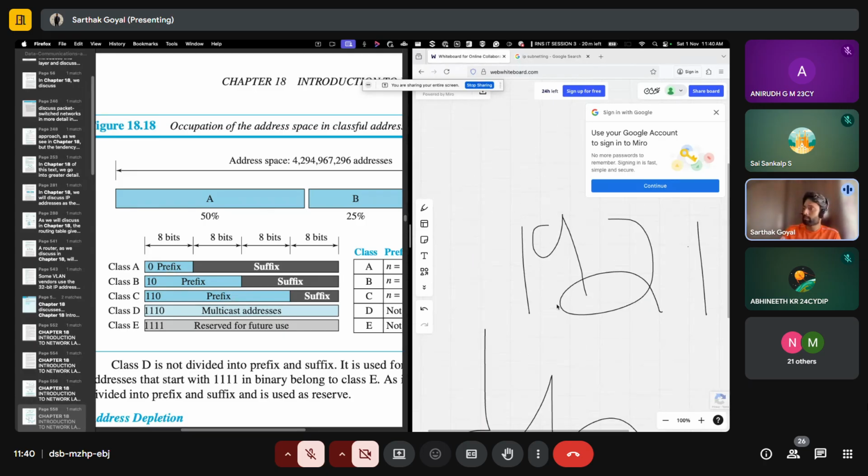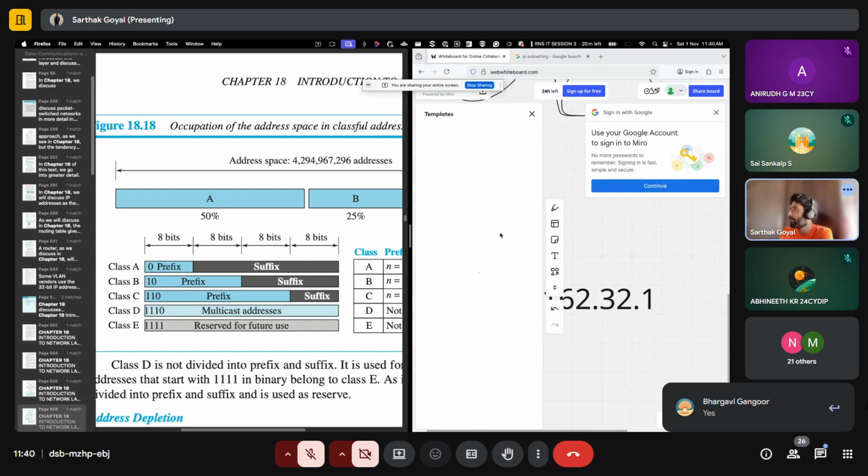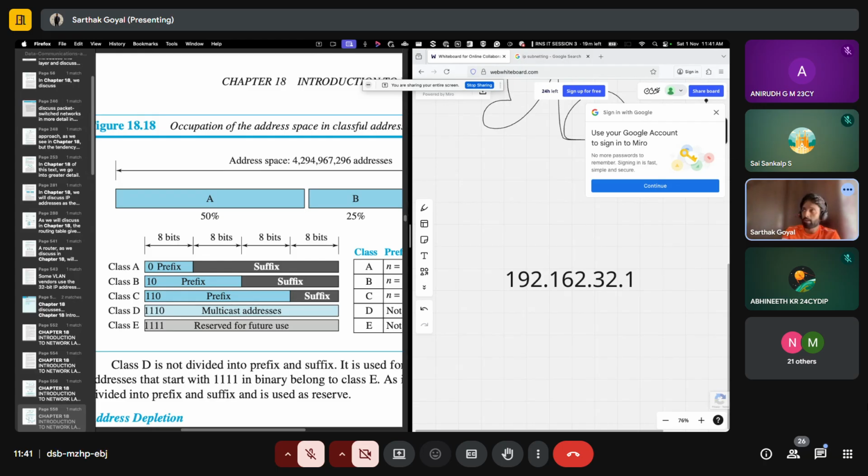Else, what you're going to do is, I'm just going to keep dividing 192 by 2, so let's take a table. Let's divide 192 by 2 until we get a remainder.